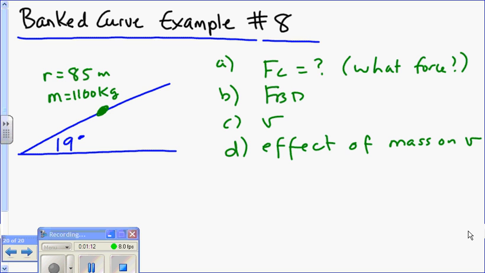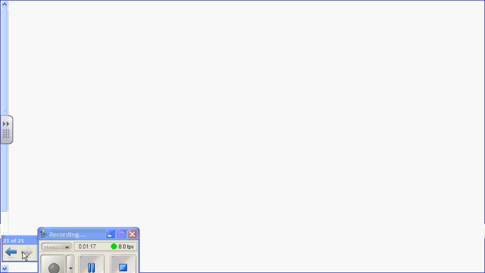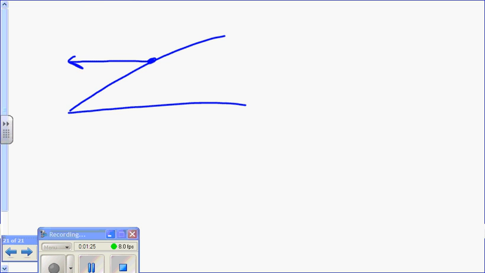All right, so let's move on to part A, what force causes the centrifugal motion, and we talked about this a bit already. My picture: centrifugal is towards the center. Here's my normal. Here's my coordinate system where I have x and y. Here's my angle.